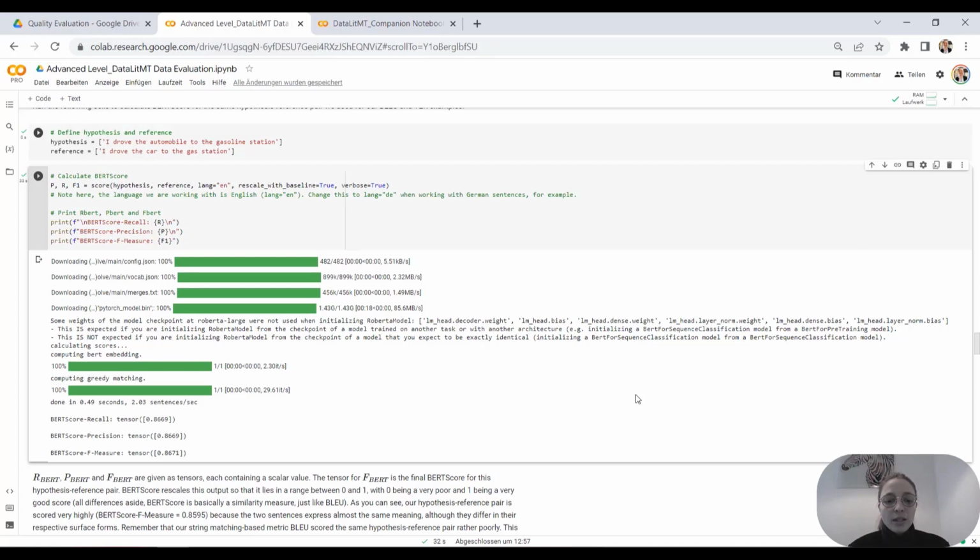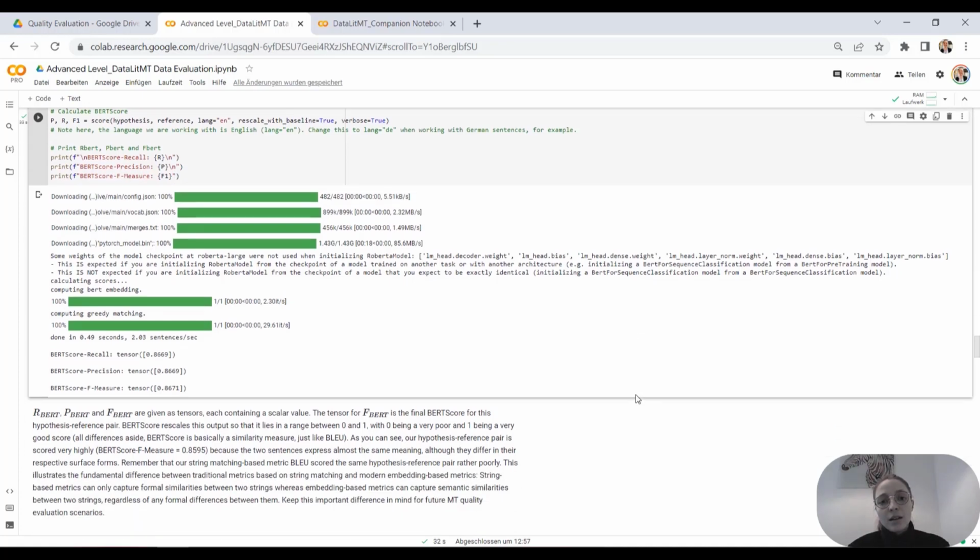So by calculating the semantic similarity also in vector space, we can see that the meaning of the sentences is relatively close. So we get a relatively high value here.